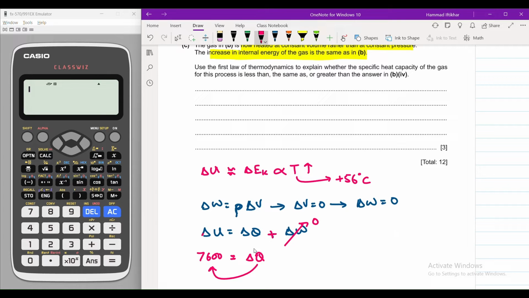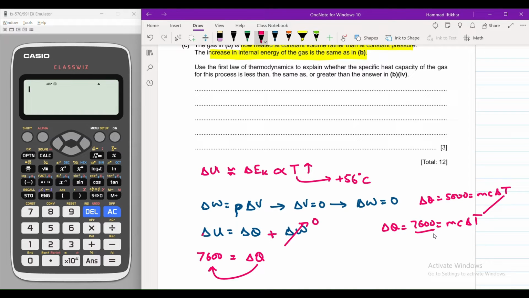So since the change in energy is the same, 7600 is equal to, again, mc delta T. Before this, in the previous part, we had 5000 that was turning into mc delta T. So now the delta Ts are the same.